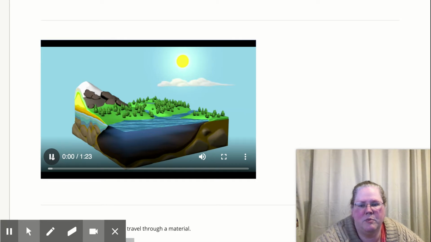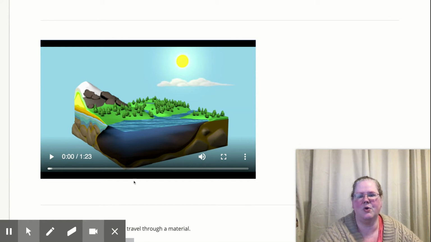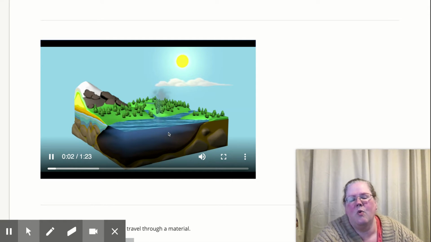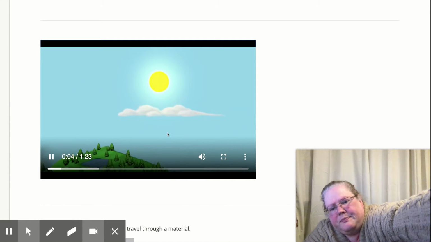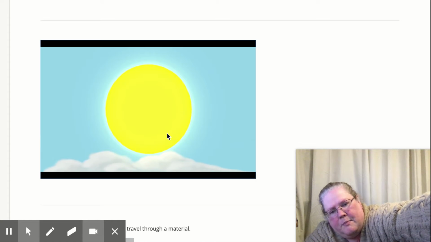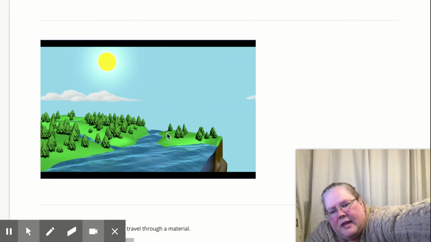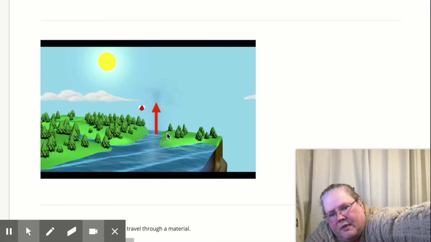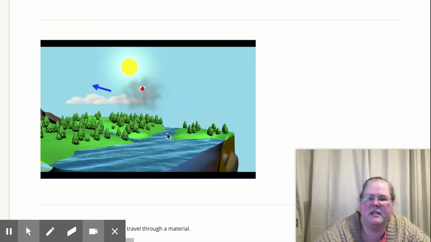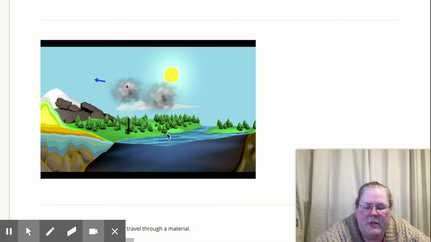And here is the ever present water cycle. So as we go through this, whoa, that's loud. Water starts to evaporate, and the sun heats it up. And as that occurs, we get evaporation, and particulates are in the air, and we can have condensation.